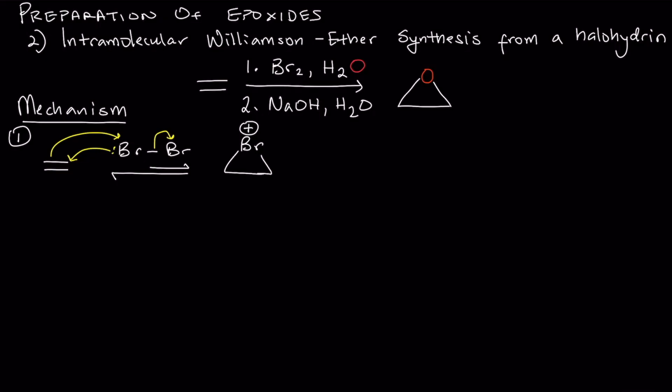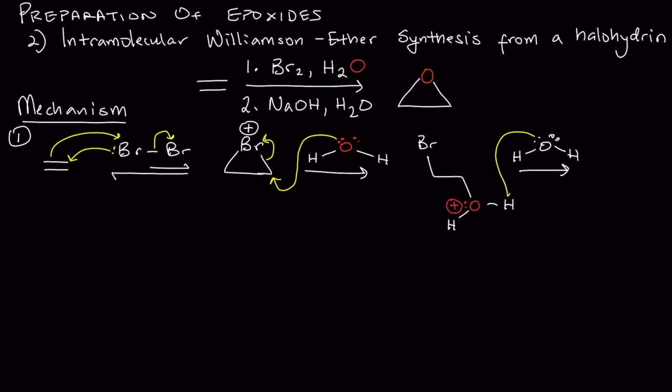And this leads you to your cyclic bromonium intermediate that we've already talked about in the past, which can then be opened up by water, which will form your protonated product, which can be readily deprotonated by another molecule of water, which gets you to your halohydrin. So that's your first step.